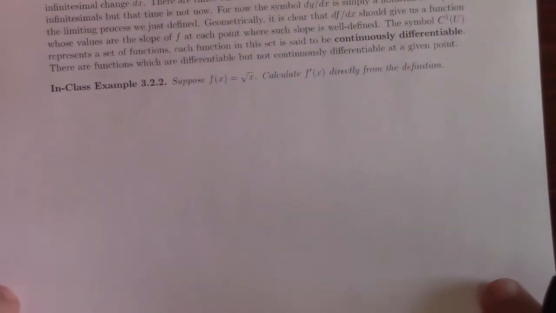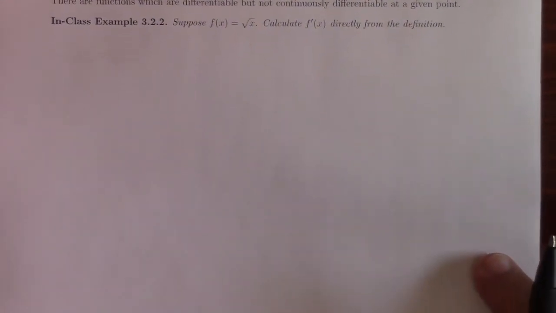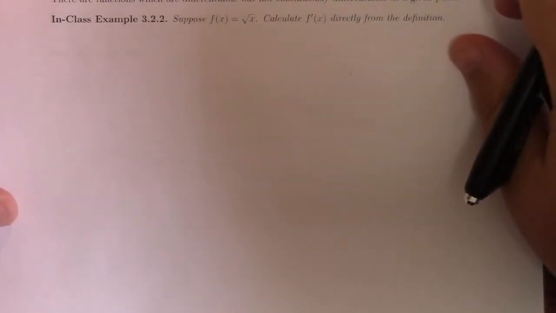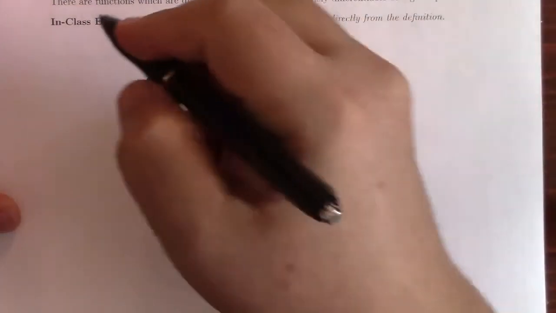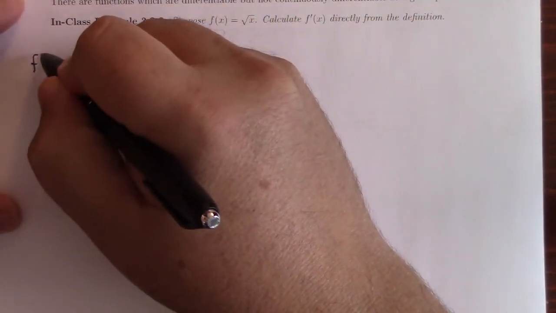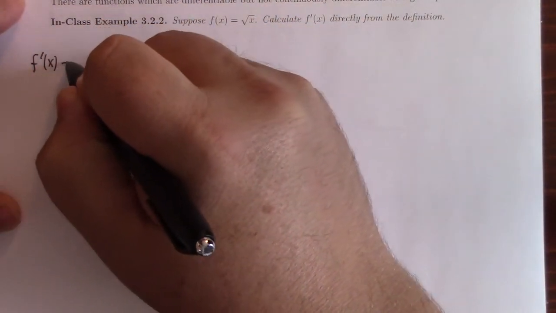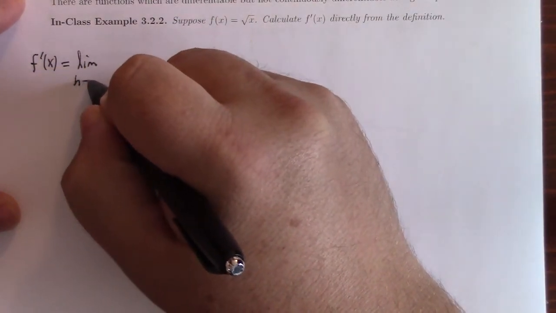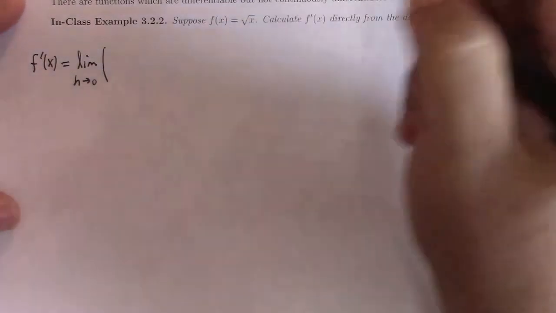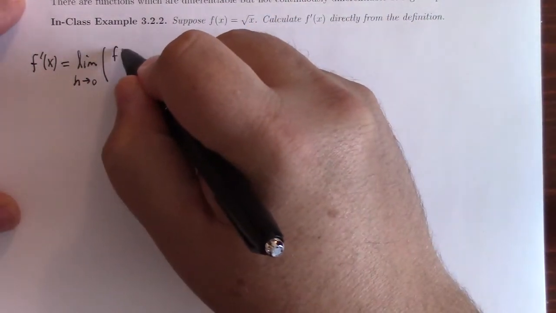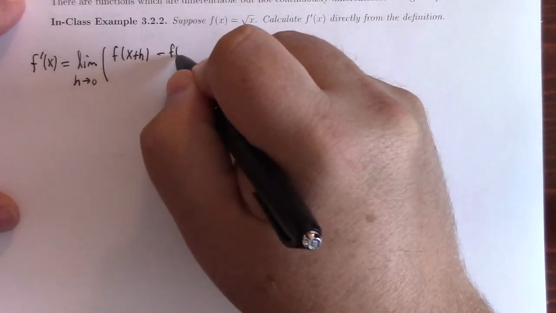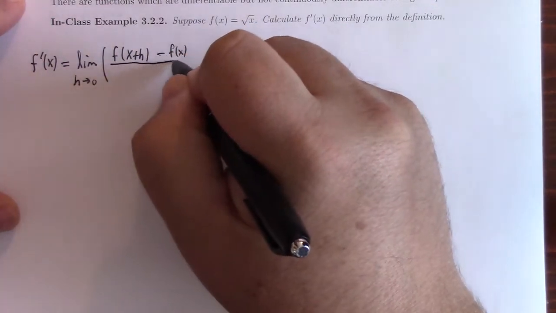Example. Let's find the formula for the derivative function for the square root. So f prime of x is the limit as h goes to 0 of f of x plus h minus f of x divided by h.